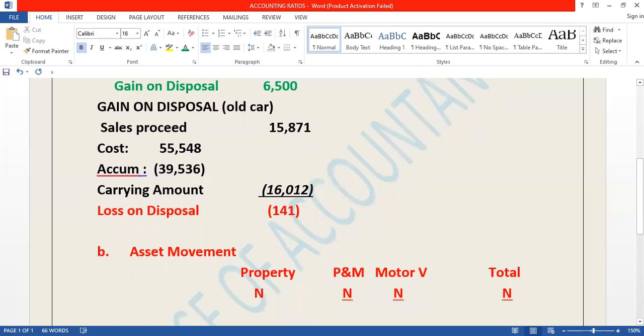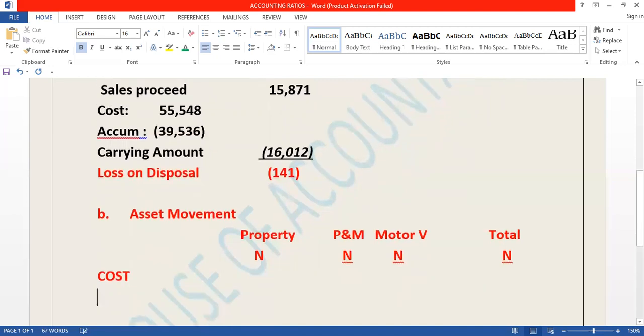After this, what we need to do is take the cost first. We are going to pick the value of the cost of the asset, so we pick the value as opening balance. What is the opening balance of motor vehicle?